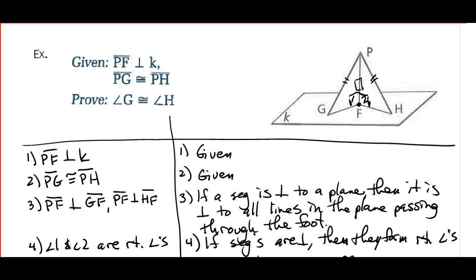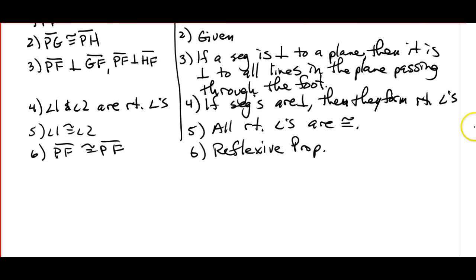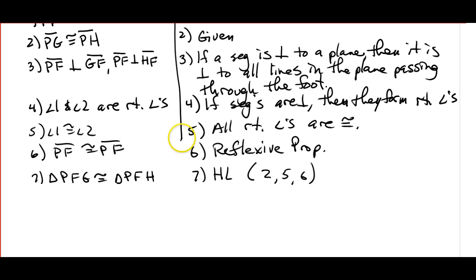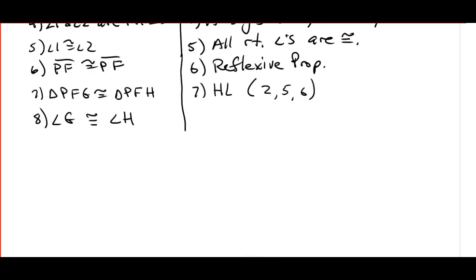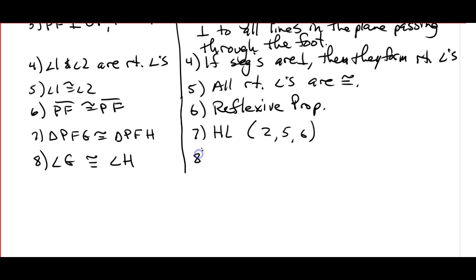And then I can say that triangle PFG is congruent to triangle PFH, again by hypotenuse leg, and my steps were 2, 5, and 6. And now that I have the triangles congruent, angle G is going to be congruent to angle H by CPCTC.